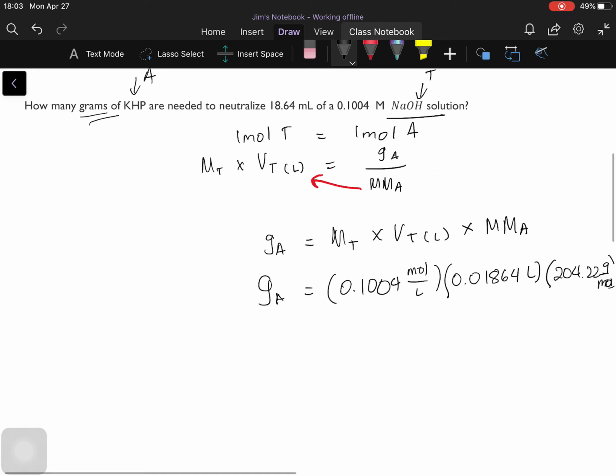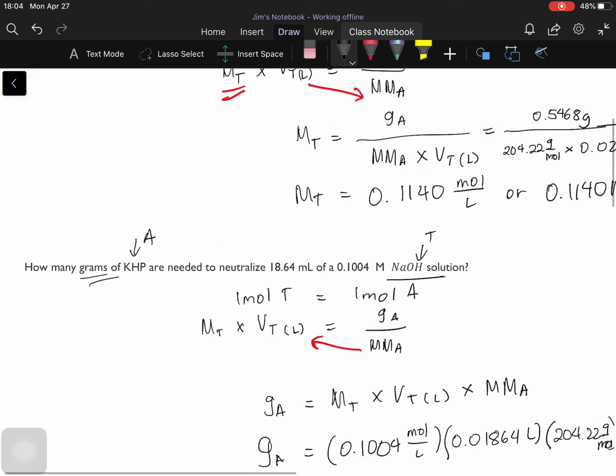Then we'll solve for the grams of our analyte. Allow me to solve for it. Okay, so the grams of the analyte is equivalent to 0.3822 grams. So that is our final answer.